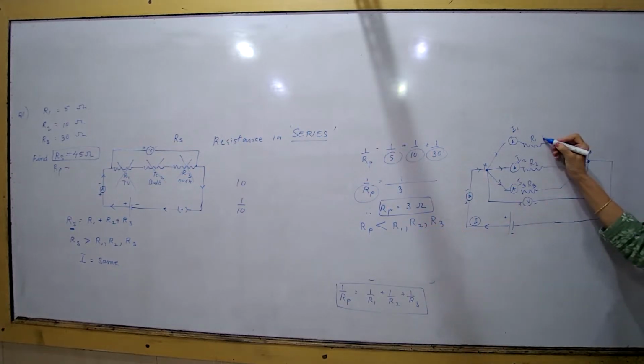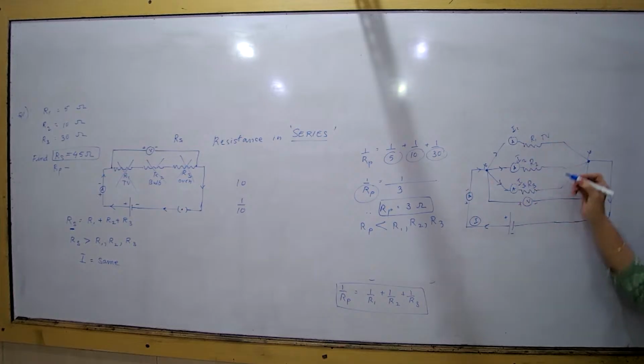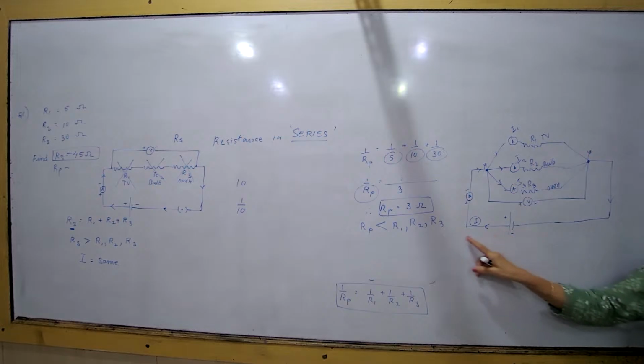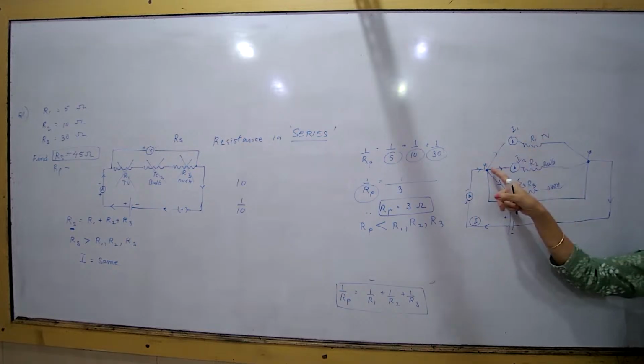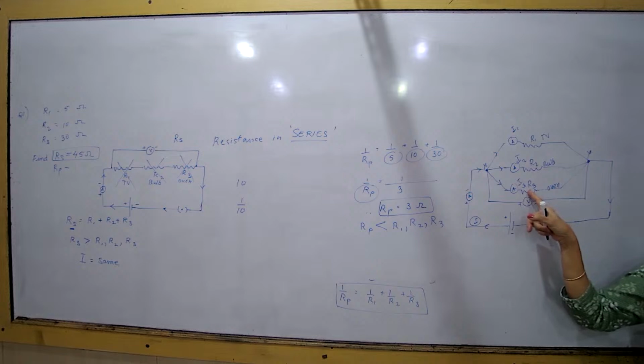So let's see here. Suppose I'm having the same thing. I have taken the TV here, I've taken the bulb, and let us say I've taken the oven here. What's happening to the current? The current passes through here, and at this position it is branching out. Did you see that? Some current goes here, some goes here, depending upon the resistance.